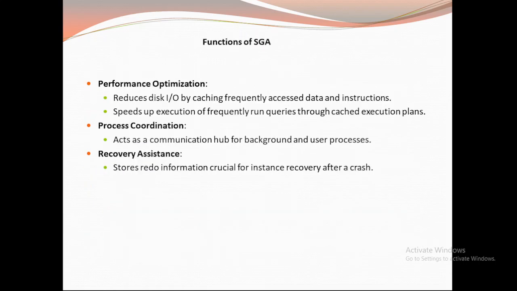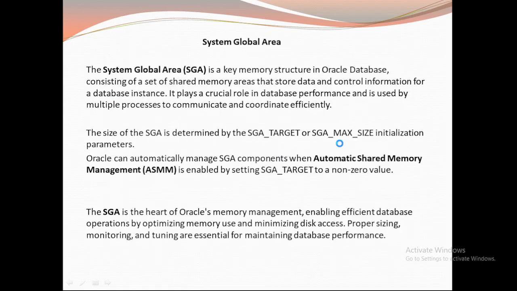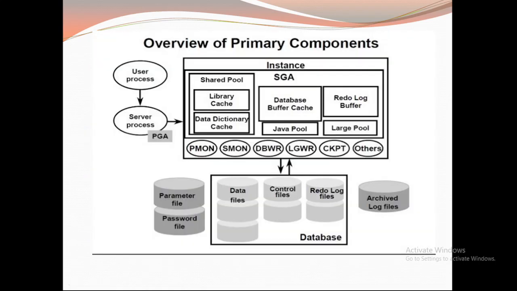So what are the functions of the system global area? First, performance optimization. It reduces disk input/output, which we already discussed, and speeds up the execution of frequently run queries through cached execution plans. Second, process coordination: it acts as a communication hub for background and user processes. These are the background processes, and these are the user processes running here.